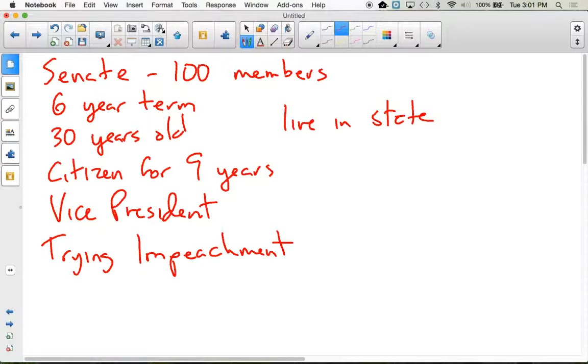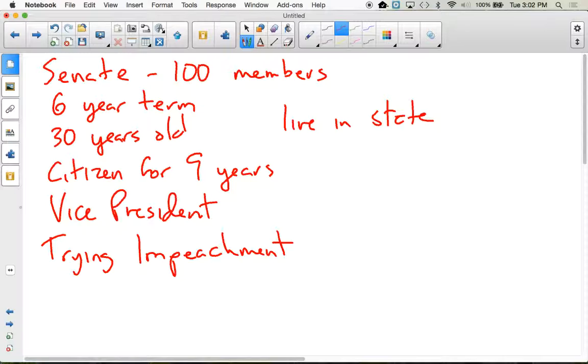The Senate then tries him on that impeachment to determine whether he is guilty or not guilty. Nixon does not go through this because he ends up resigning before the process happens. So they determine guilty or not guilty? Correct. Okay.